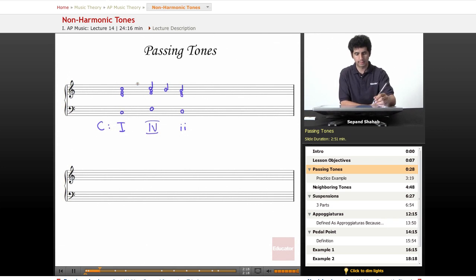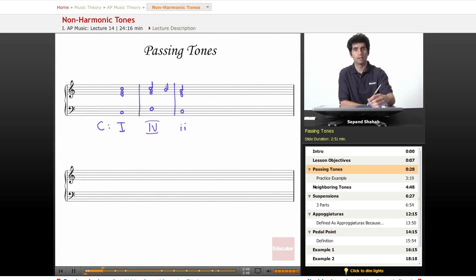And so the idea of a passing tone is that it fills in the space between often a third or maybe even a fourth. There could be two passing tones perhaps. And we can distinguish between passing tones that are accented and unaccented. So this would be an unaccented passing tone because this is happening, let's say, if the measures were here on every whole note.